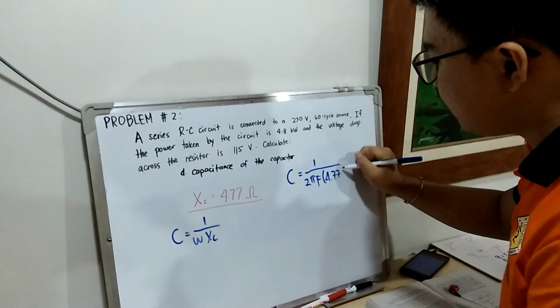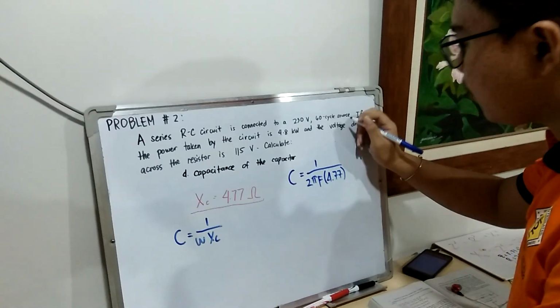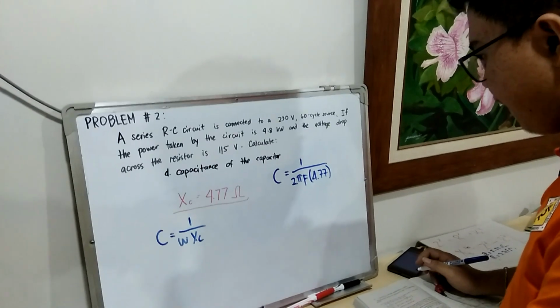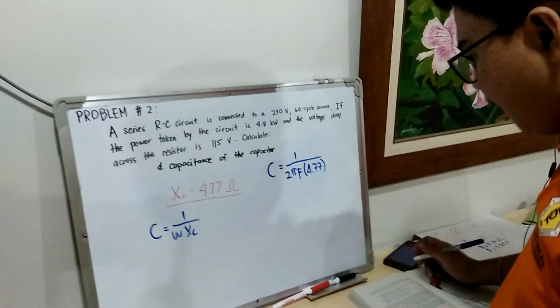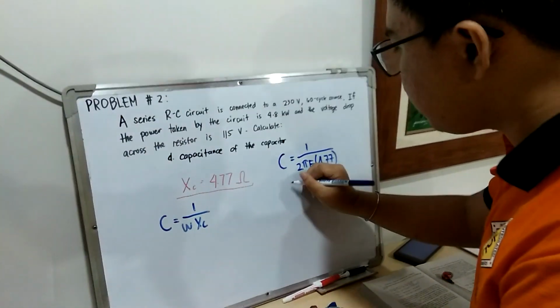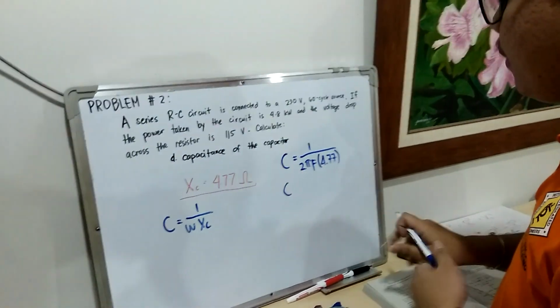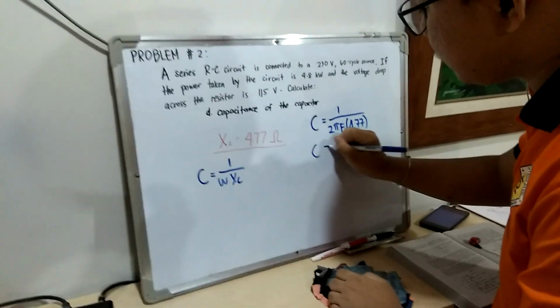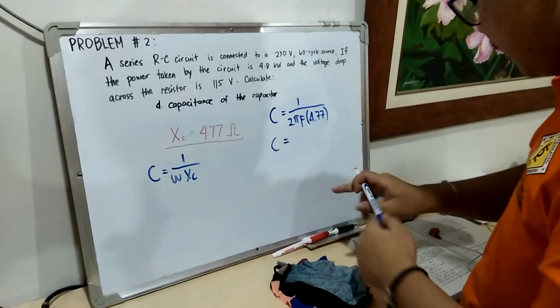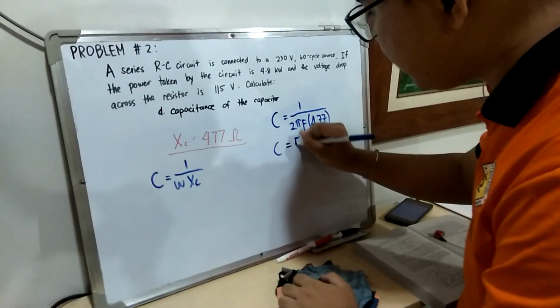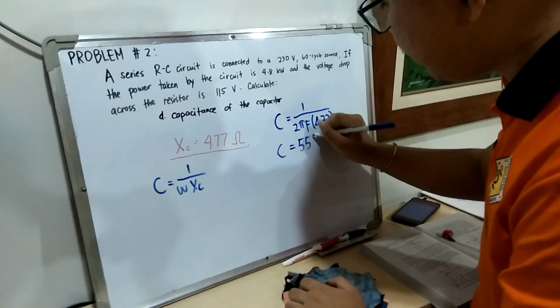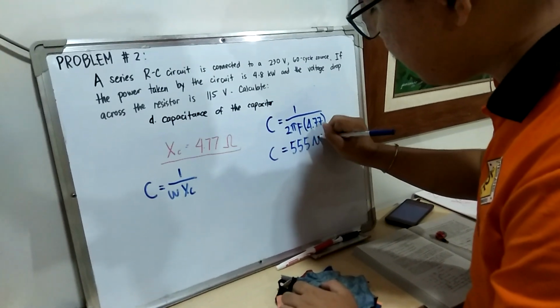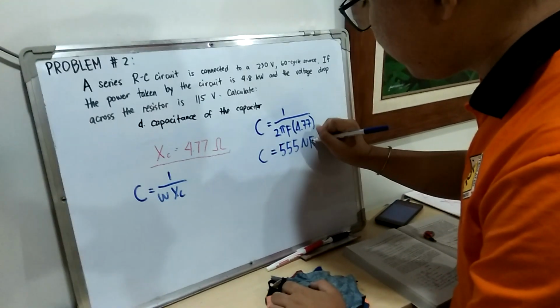By inputting the values in the calculator, we get that the capacitance is 555 microfarad.